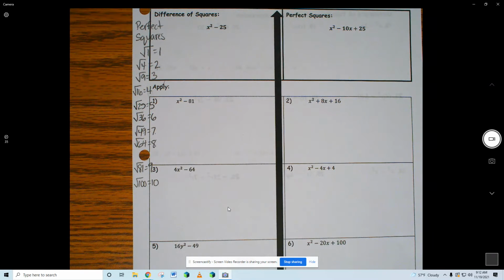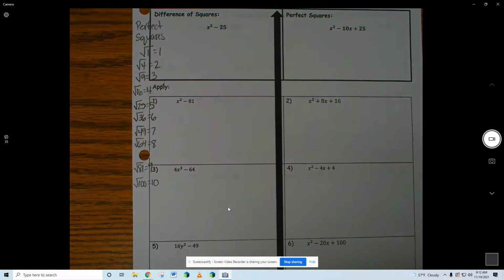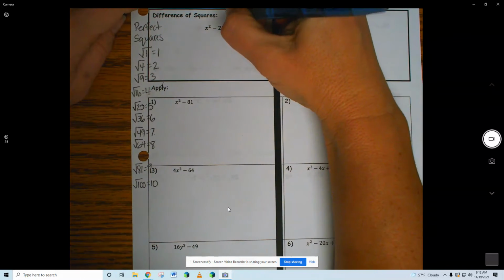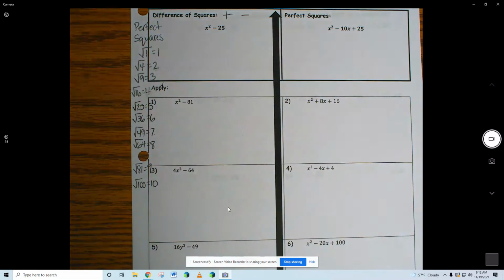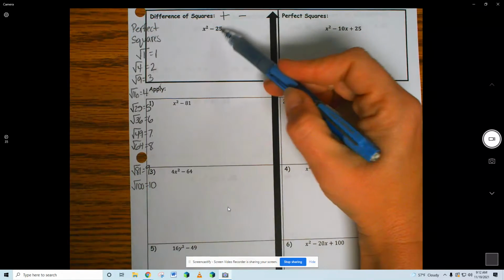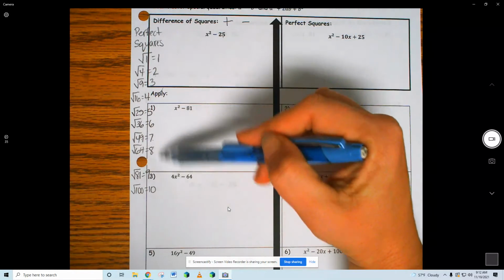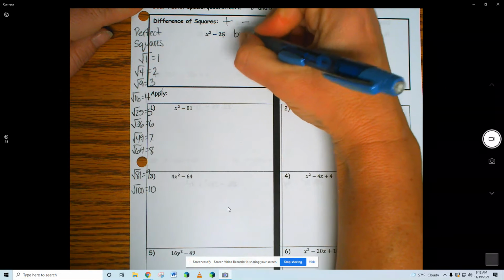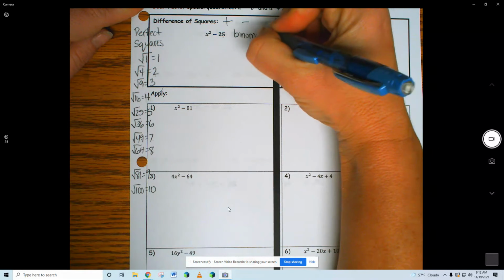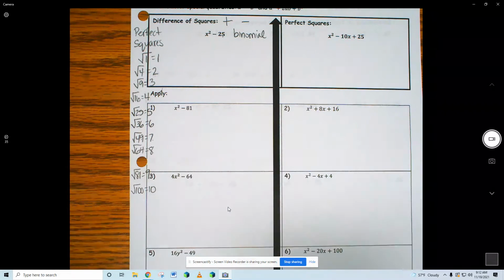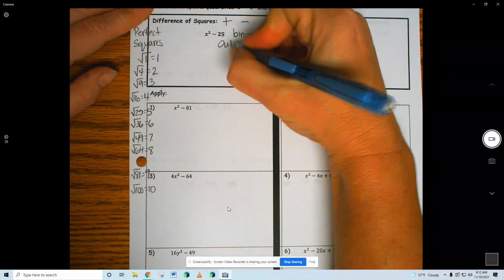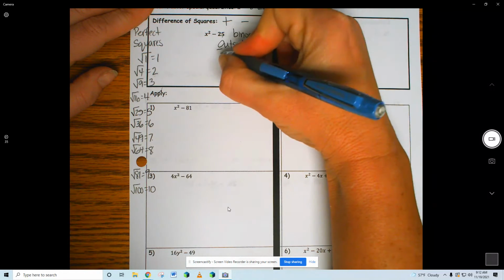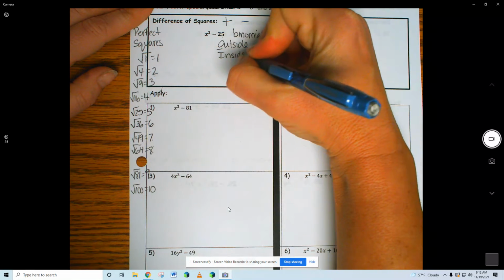So, difference means plus or minus. Plus and minus. Opposite signs. Can you guys tell me what number makes 25? 5. So there, notice how there's only 2 terms. This is a binomial, which means that my outside and my inside cancel.